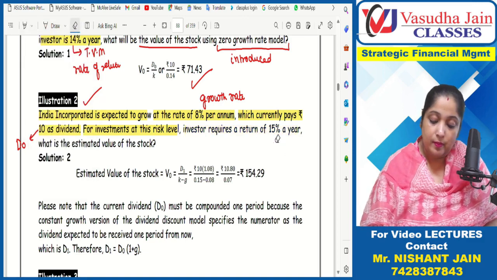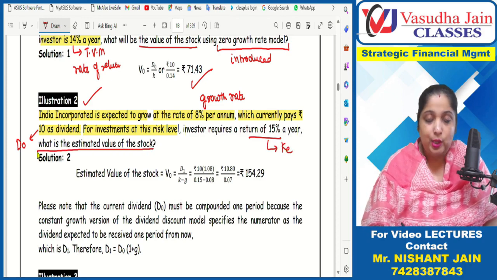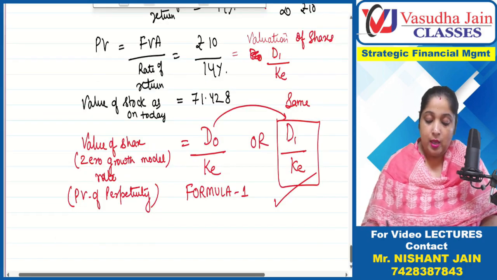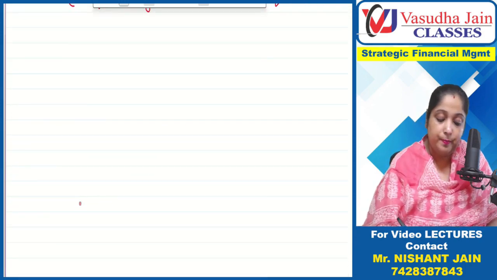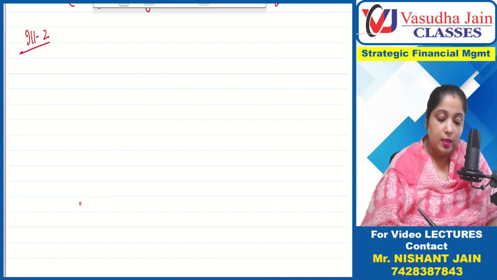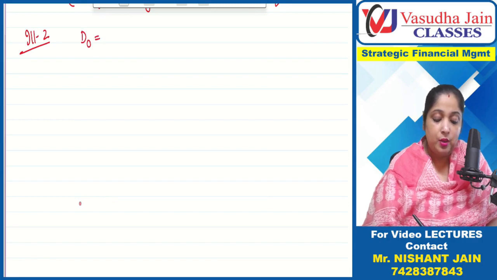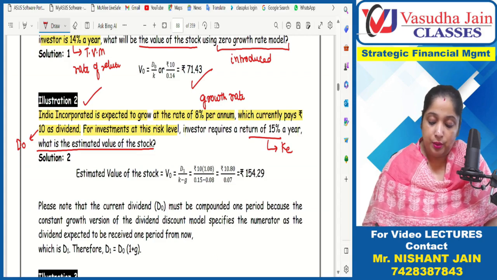Yes, this is the cost of equity for the company. What is the estimated value of the stock? So very simple. We have been given figures. Let me write the figures. This is illustration number 2. First information given to you, D0 is 10 rupees. Then they have mentioned the growth rate.